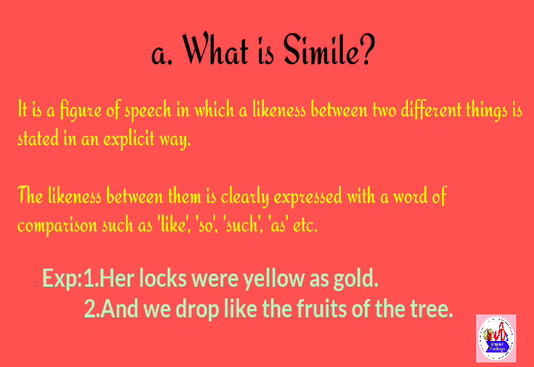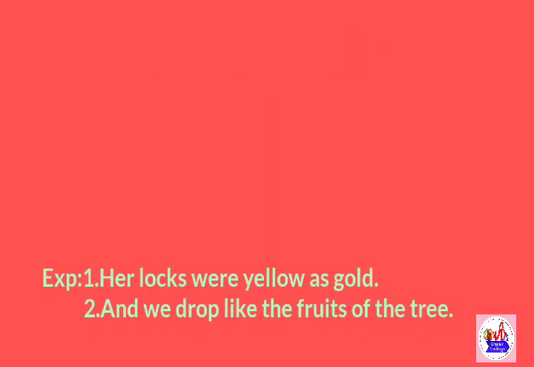So the first example is: her locks were yellow as gold. Here locks are compared with gold, the material. And here the word of comparison, as, clearly expresses the similarity between locks and gold. That is, the color of these two things is yellow.